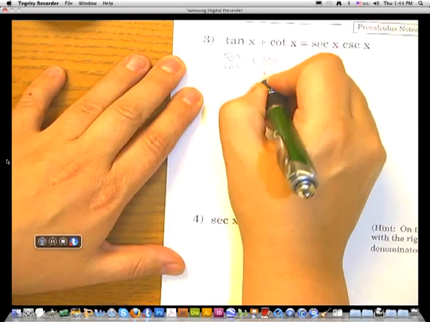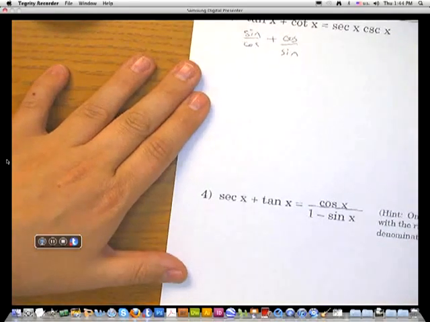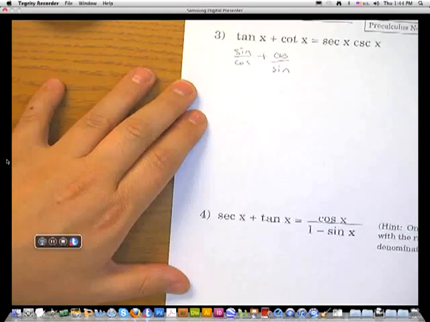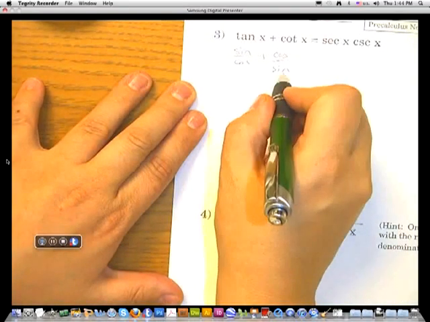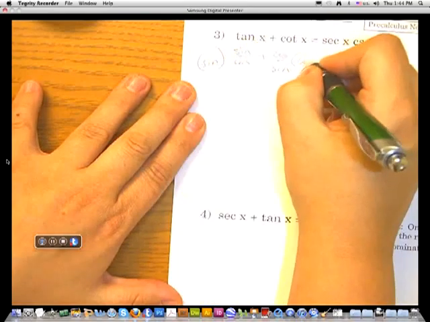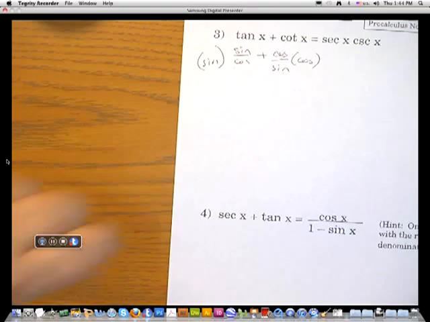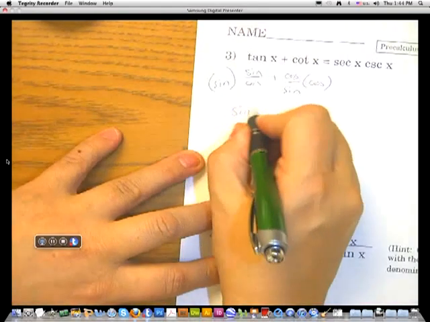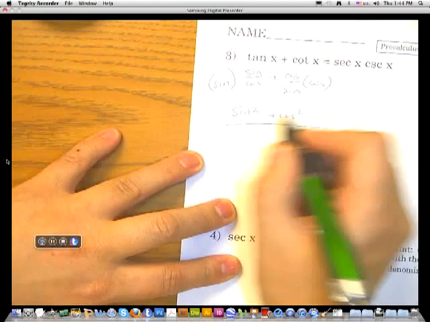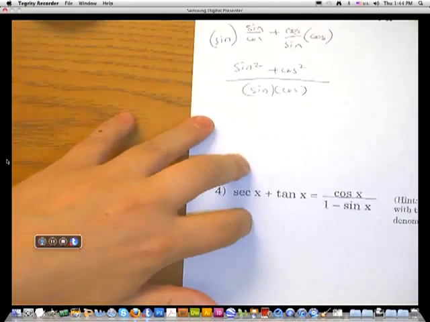Cotangent is cosine over sine. If I have fractions, I want to get common denominator, so I'm going to multiply the first one by sine and the second one by cosine, so that it gives me sine squared plus cosine squared all over sine times cosine.